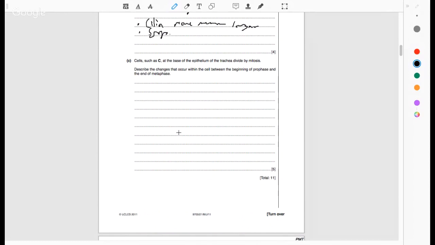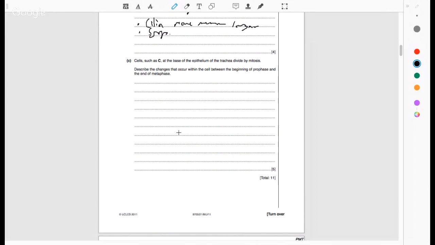Good. The centrioles move to opposite poles. Good. Okay.